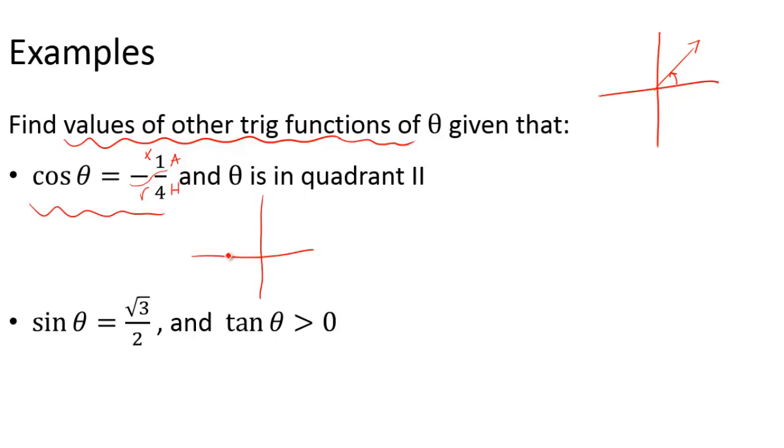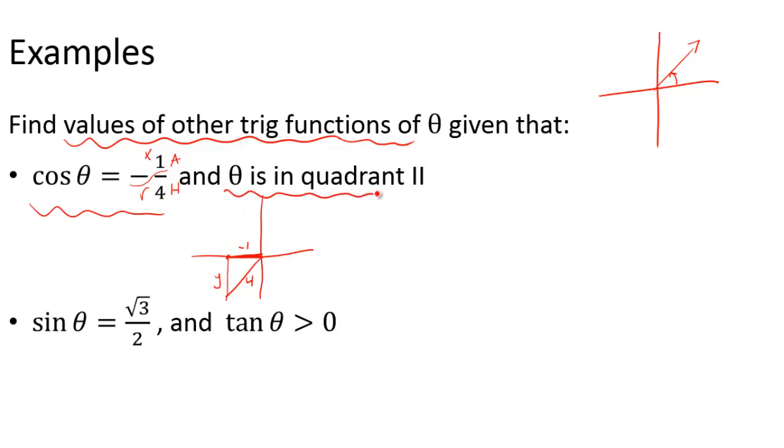So that would mean that you'd be at -1 for your x value, and your r would be 4. So you have -1 here, and your r is 4, but you don't know your y. So if we can figure out our y, then we'll be able to find the value of the others.